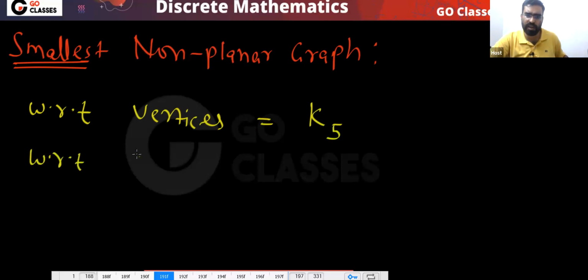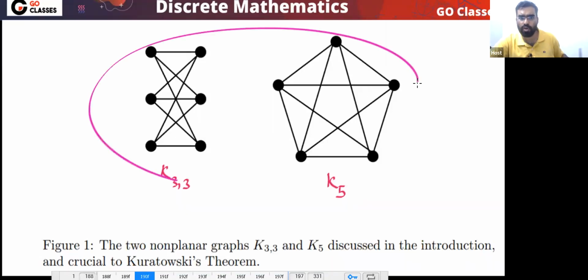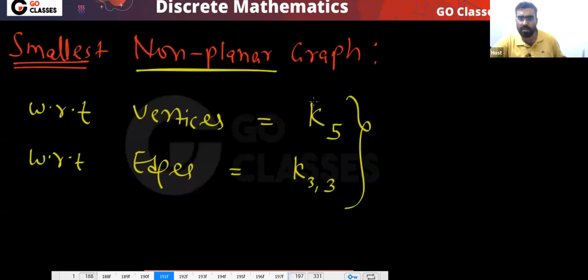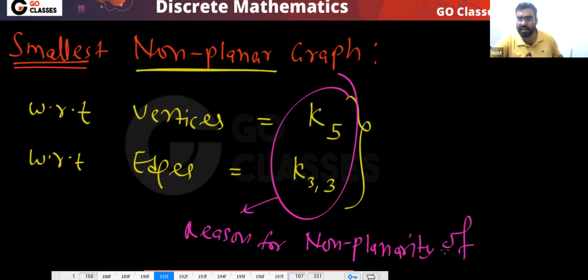And with respect to number of edges, that will be K33. These are the smallest non-planar graphs. And also one more very interesting thing: these two graphs are the reason for non-planarity of any graph.